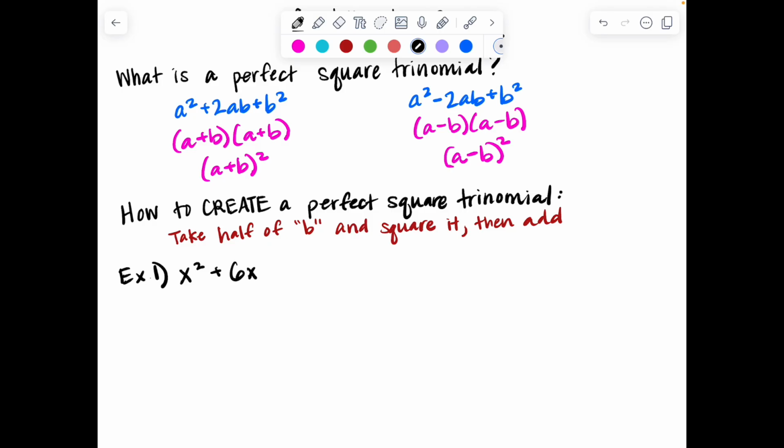Okay, so here is x squared plus 6x. So 6 is b, so I'm going to take half of that, which is 3, and then I'm going to square it. So 3 squared is 9. So now that I have the 9, I'm going to add it.